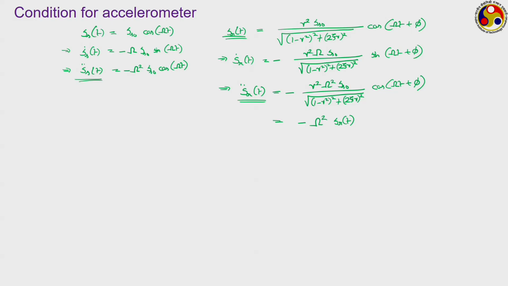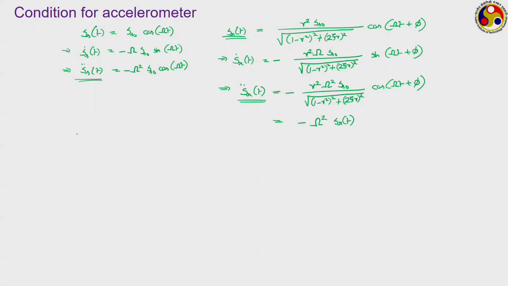If we compare this particular part, now from the output side we have to understand that in the output side we are only getting the displacement of the mass that we have inside the instrument. So, though we are looking to measure acceleration, somehow we have to relate that to the displacement of the mass.